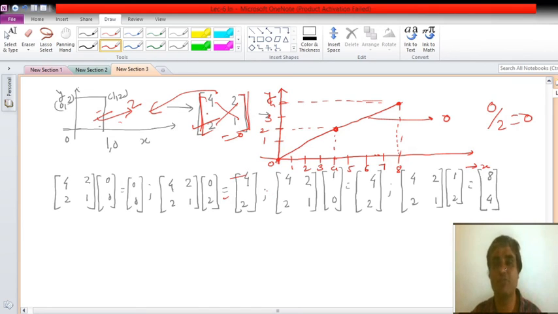In what sense? Reverting means what? Suppose your admittance matrix Y into your input vector V is equal to I, right? So the unknown vector you can calculate as Y inverse into I, right? Now if I would like to know what is I, that can also be written as Y into V is equal to I, right?